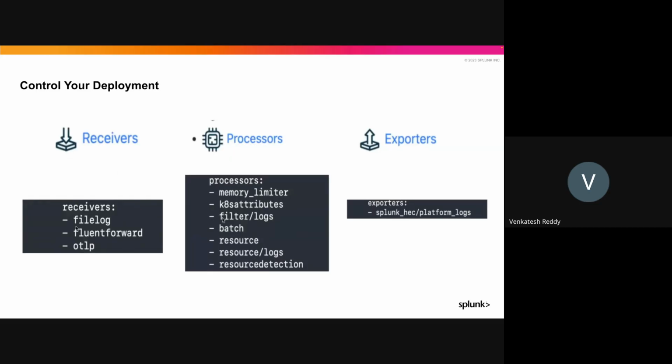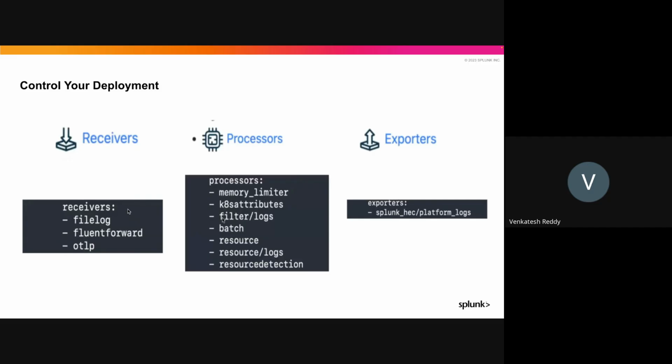In the receivers, we have Fluentd and OTLP protocols where you can define the host metrics, and in the processors, we define the batches, resources and resource detection, and the memory limiter to save memory on the collector, and then where you want to send, the exporters. All these things are defined in the OTel collector using a YAML file. If you are using Kubernetes, you know about YAML, and it is straightforward. Make sure you follow the proper format when you're defining it.